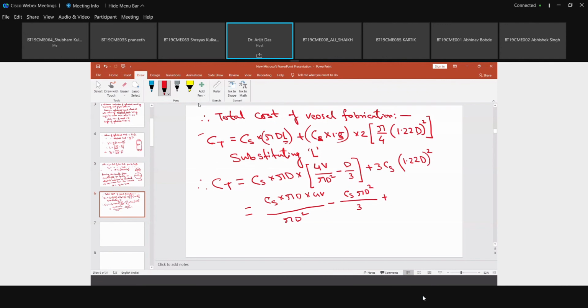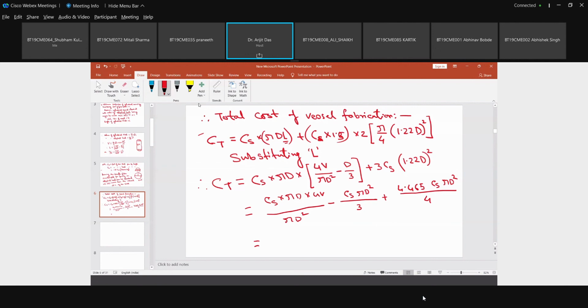What is 1.22 square into 3? The value is 4.465. So 4.465 into CS pi D square by 4.